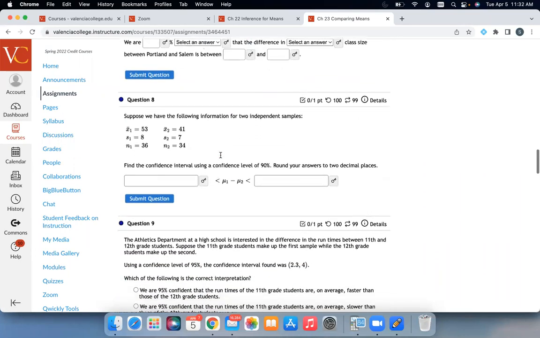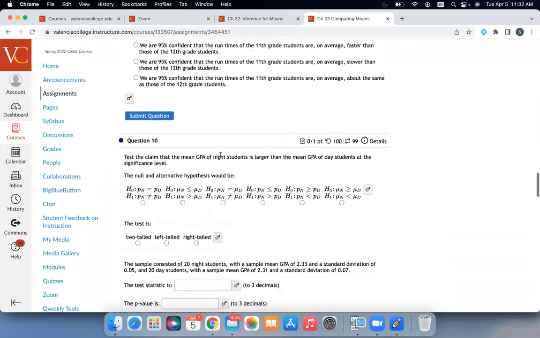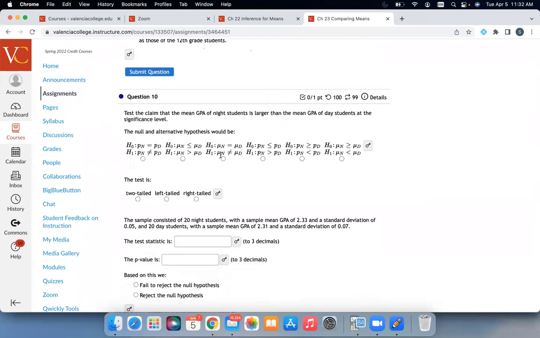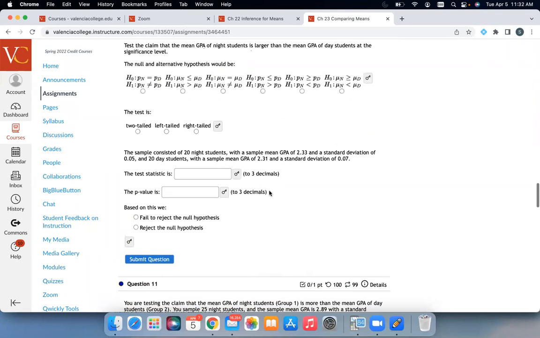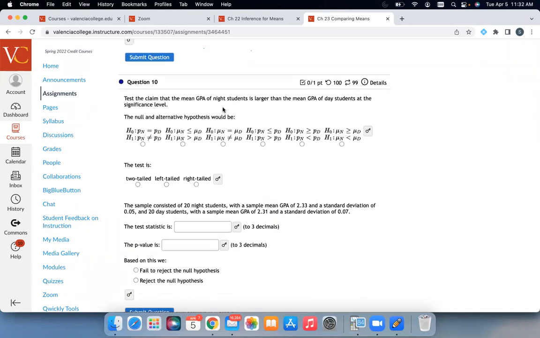Let's do a hypothesis test. Okay, so here we'll do number 10. Test this claim that the GPA of night students is bigger than GPA of day students. So we've got 2 groups.